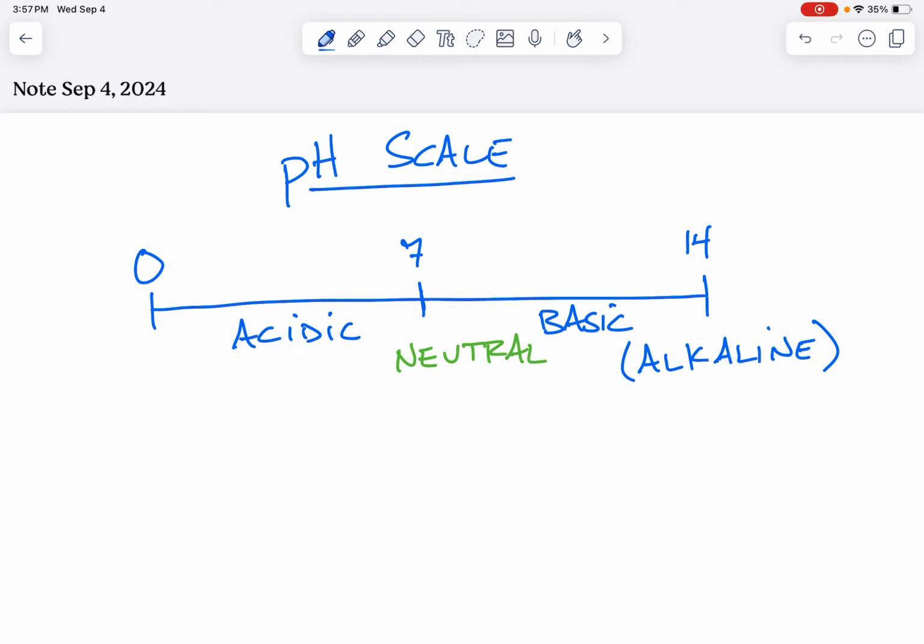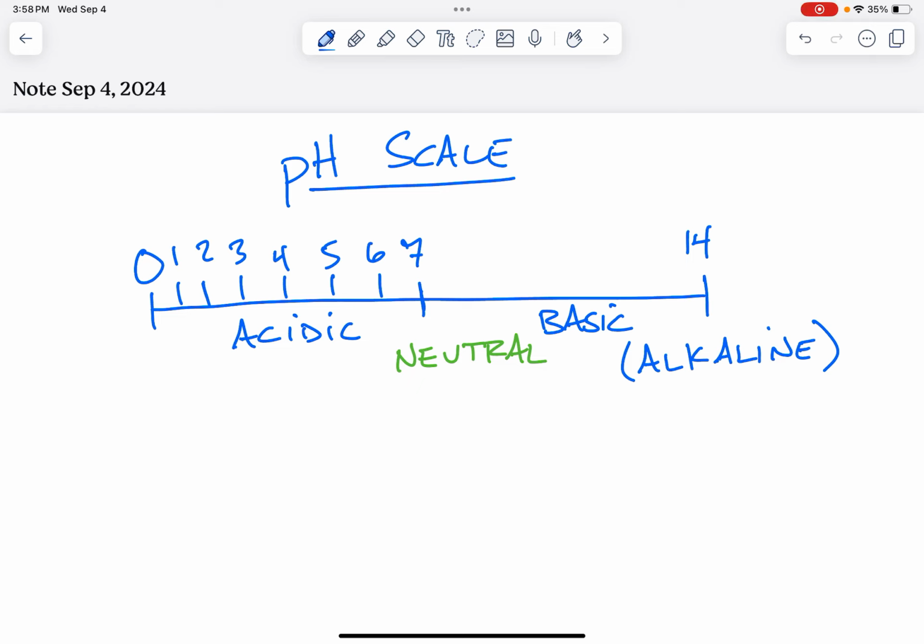It's important to recognize that the pH scale is based on the logarithmic scale, log base 10. So if we were looking at our pH scale, and I'm going to draw in some ones for acidic, 6, 5, 4, 3, 2, and 1.